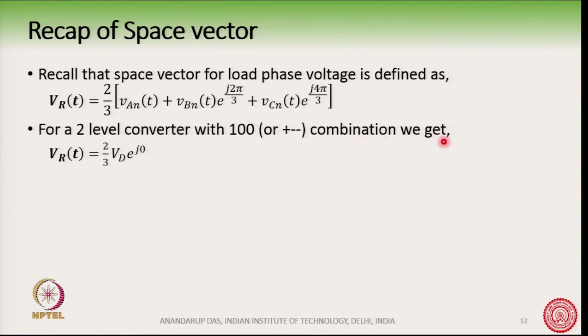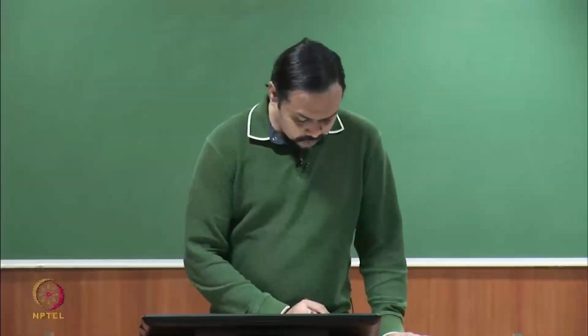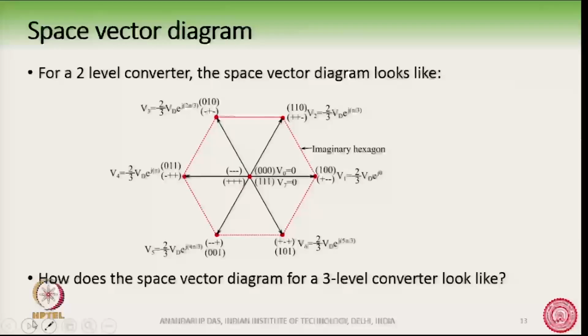We have the space vector of the load phase voltage equal to 2/3 Vd e to the power j0, that is at an angle of 0 degrees. With that we had formed the space vector diagram, which is now shown here.